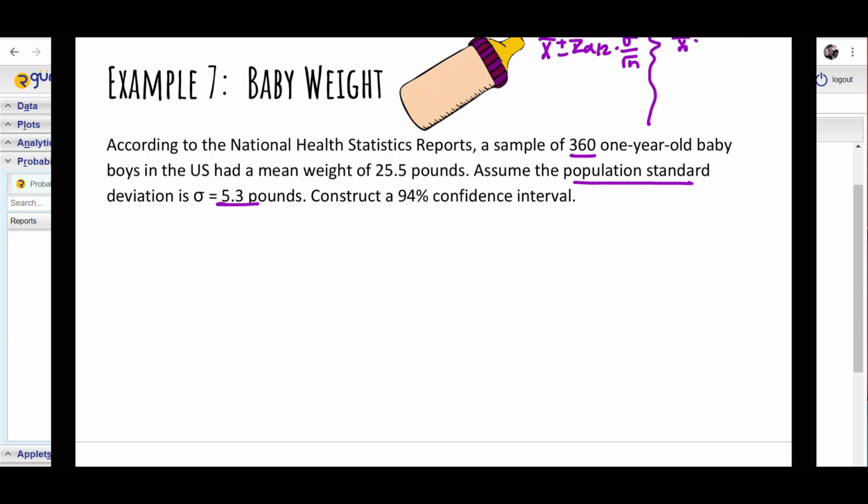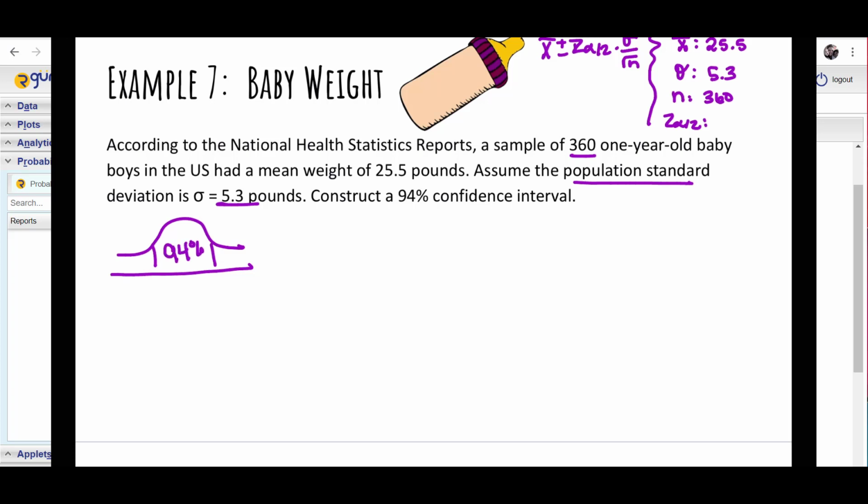So let's fill in what we know. X bar is our sample mean. The sample mean weight was 25.5. And our sigma is 5.3. Our n, our sample size, is 360. And we still have to find our z alpha over 2. So come over here, draw our curve. Our confidence level is 94%.